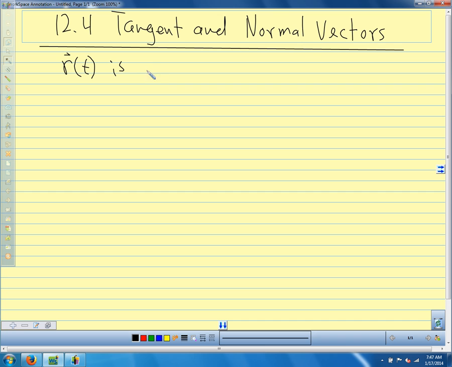so we're going to say r of t is a vector valued function. We said that r prime of t is tangent to the curve. So it's tangent to r.